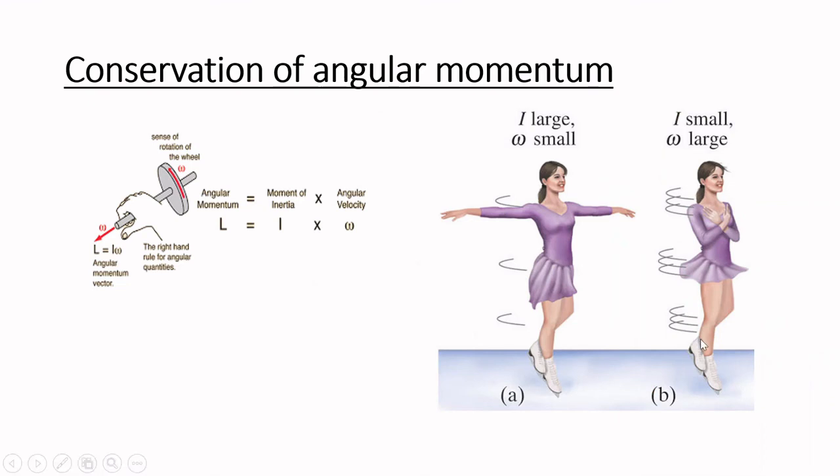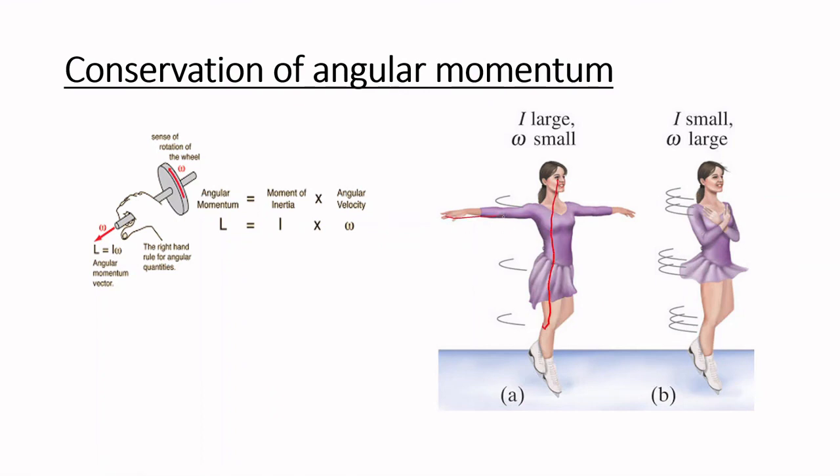So here in this example, we can see that L equal to I omega is a constant. In this example of this girl rotating by spreading her hands, stretching her hands on either side, what is happening is the r value is increasing. This is her axis of rotation.